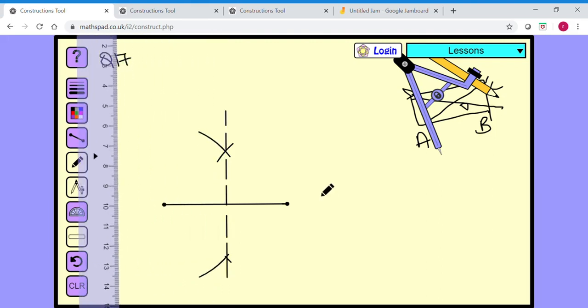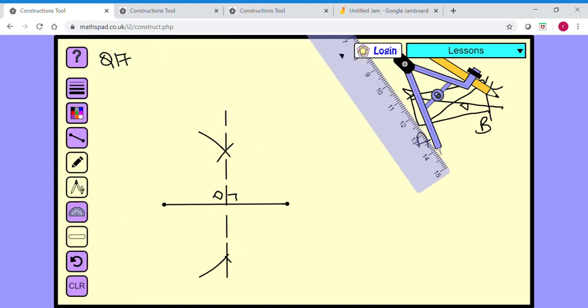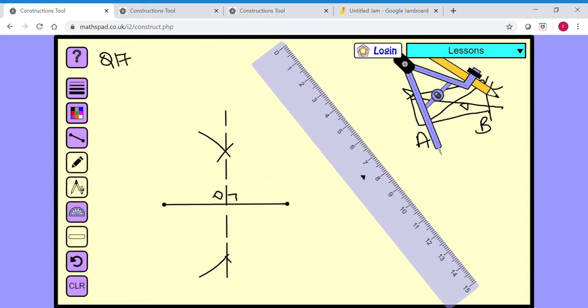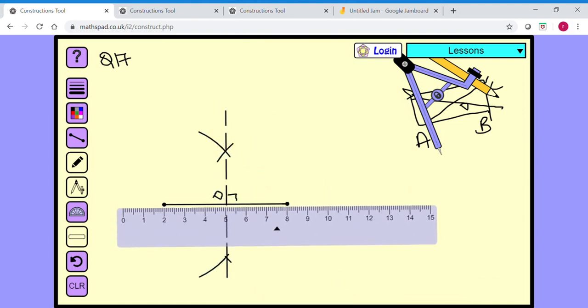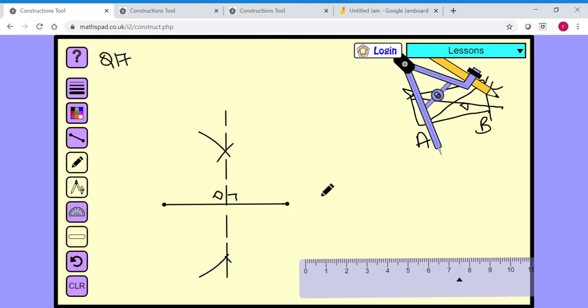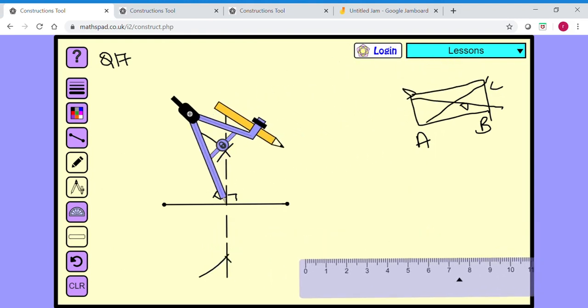Perfect. I will mark this as 90 degree and I am giving this point name O. Next step is that I need to make the second diagonal, the length of which is again 6 centimeter. But before I make the 6 centimeter, the other thing I know is that it's making an angle of 45 degree with my first diagonal.